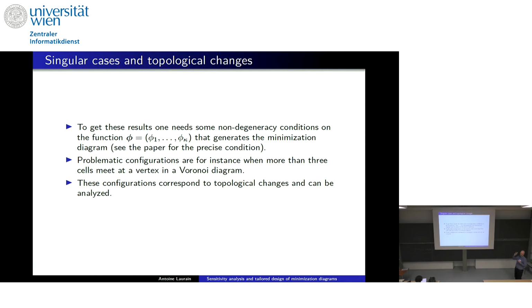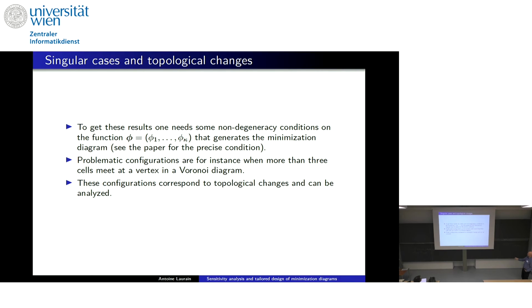So here it's exactly the same, it's just a bit more complicated, the condition. But it's basically a condition on the gradient of phi. But because phi is vector valued, the condition is more complicated because you need to have conditions on the interfaces and at the triple points. Okay, but it's basically a condition that the Jacobian matrix of this function has the right rank.